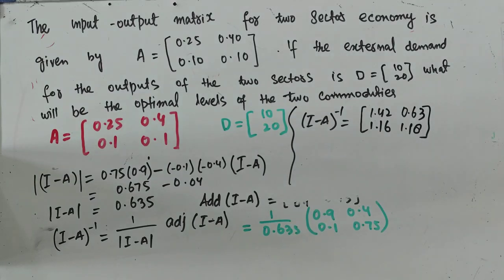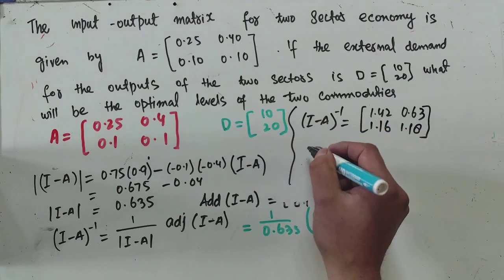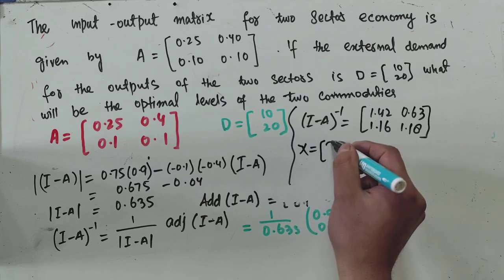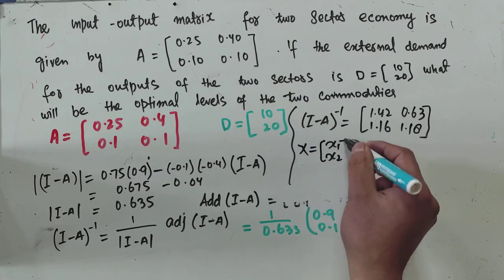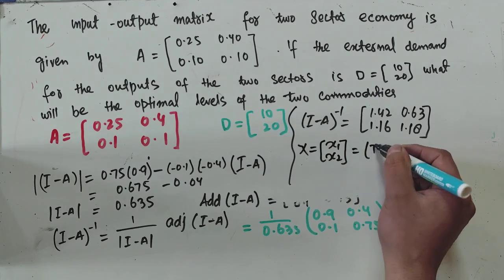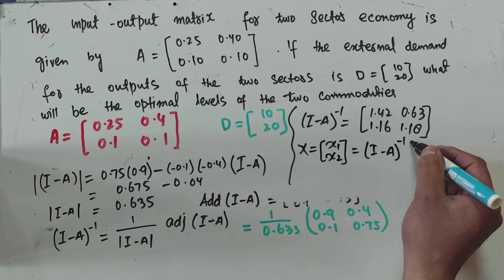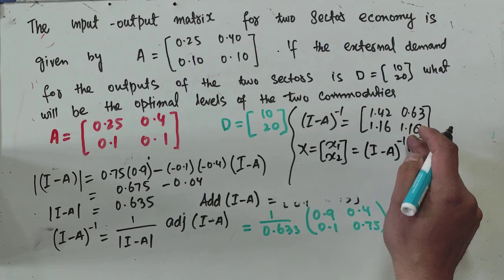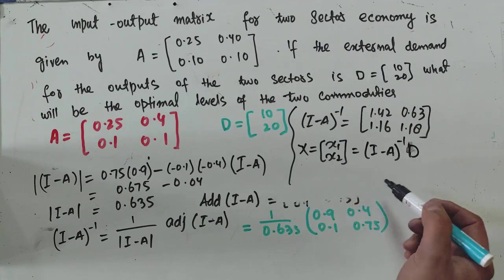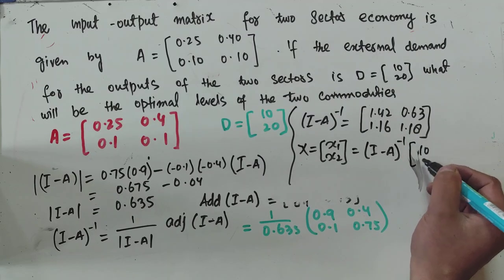Then to find the optimal levels of output, we use the formula x, that is x1 x2, equal to the inverse of the Leontief matrix I minus A times the final demand D. D is given as 10 and 20.